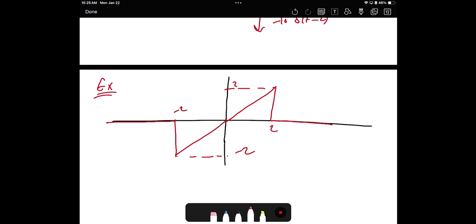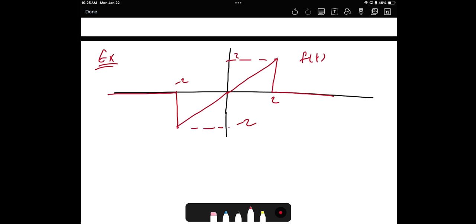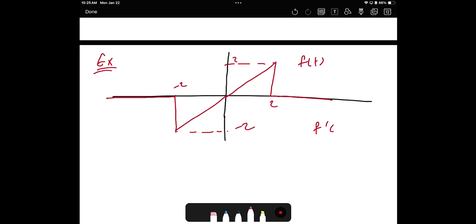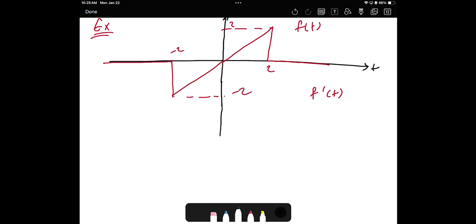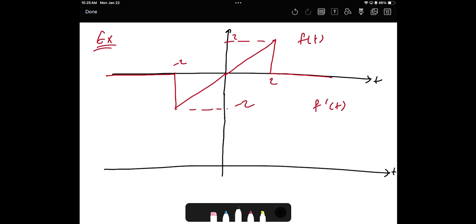Now, this is f of t. We need to find f bar of t using two methods: using the mathematical expression and using the plotting. So let's do the plotting first, then we will do the mathematical after that.